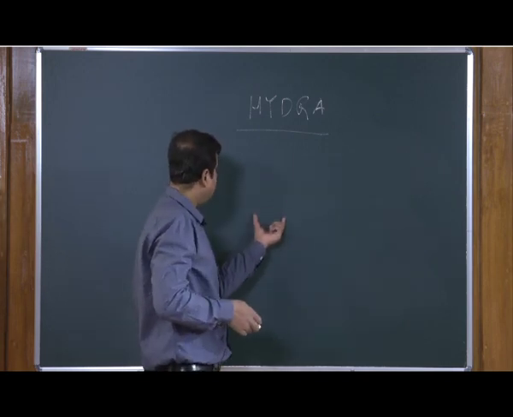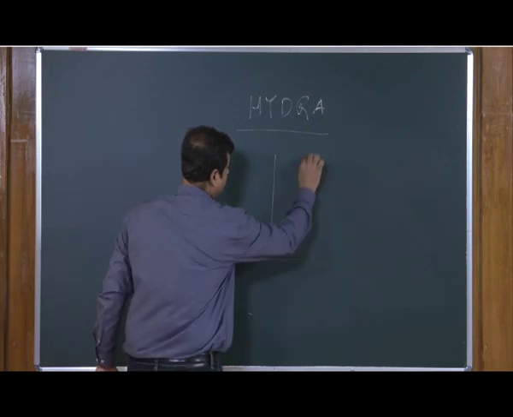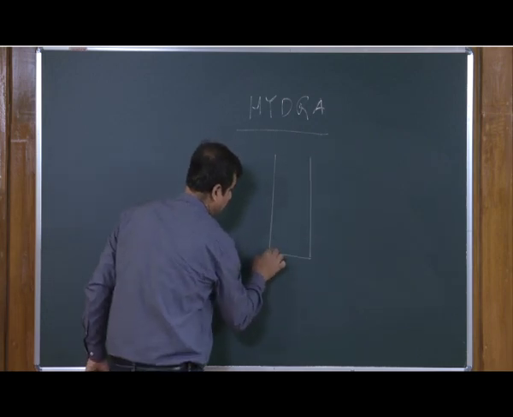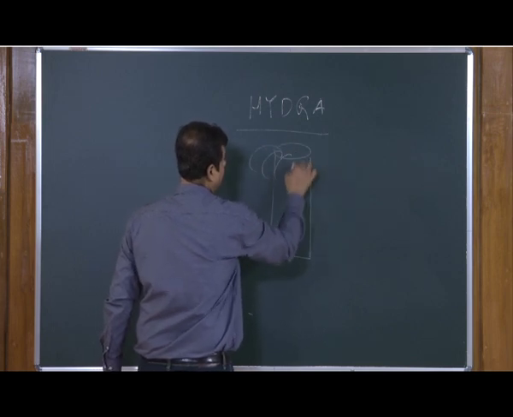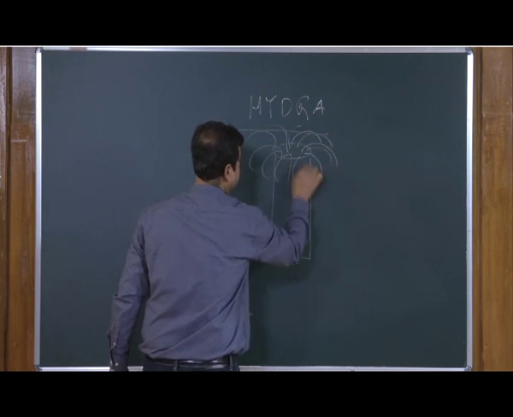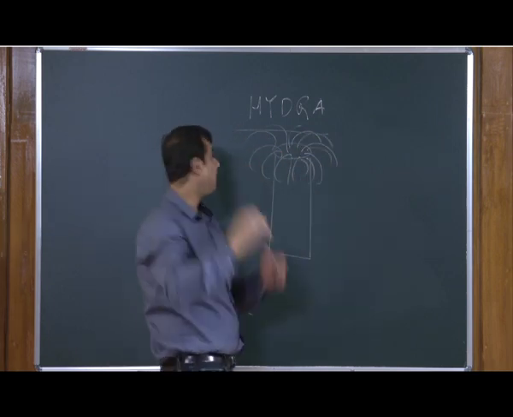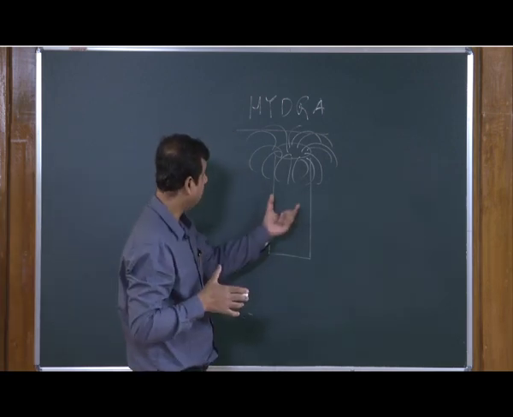If you look at the Hydra structure, this is again a very cylindrical structure, and they have an opening surrounded by cilia or tentacle-like structures, which are situated at the top of their body cavity.